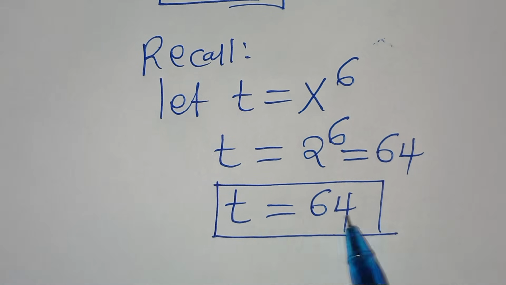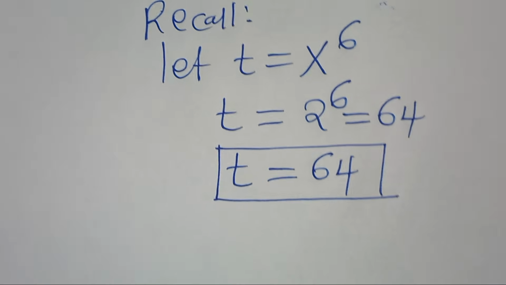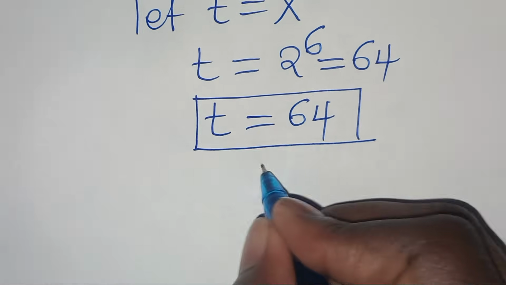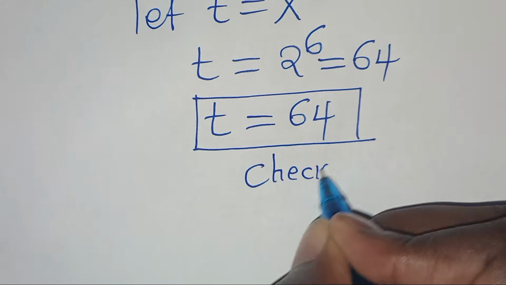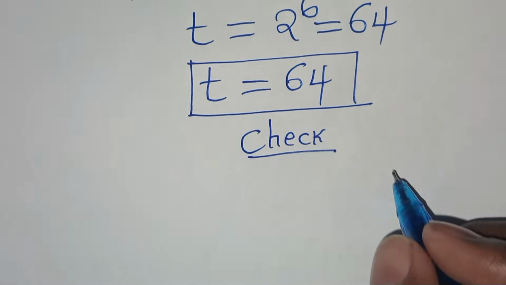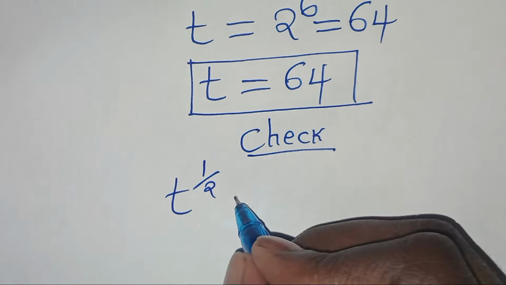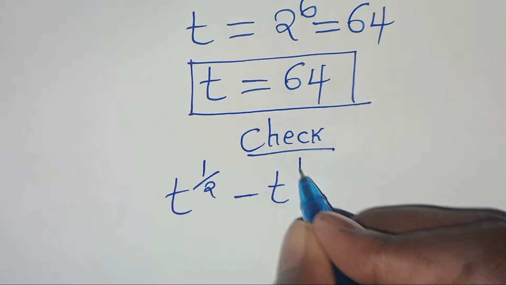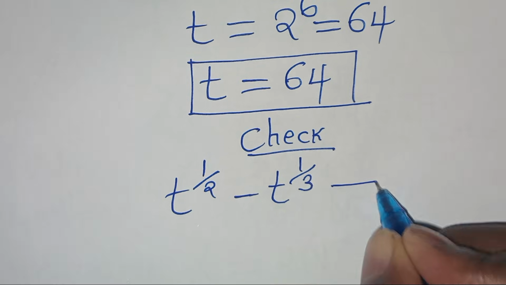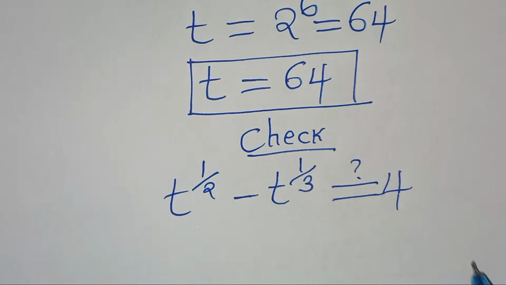So let's verify that this value of t here satisfies the equation. Now let's check. We have that t to the power of half minus t to the power of 1 over 3 is supposed to give us a value of 4.